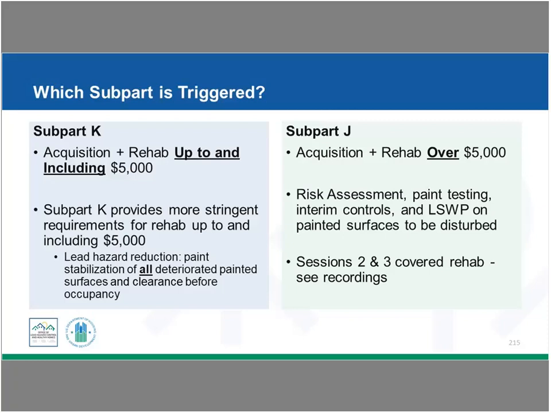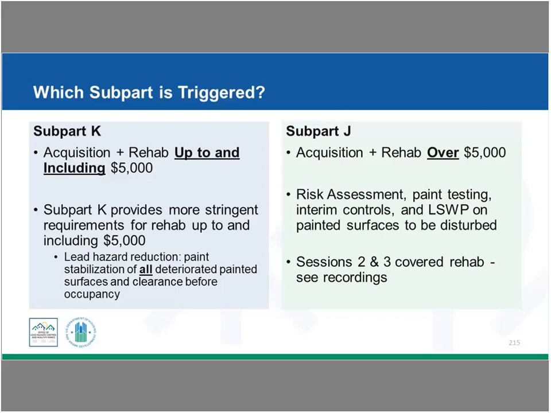And so it's important to know what the requirement is, which subpart you're falling under, and then what the specific requirements are so that you're going to ensure that you're in compliance. We would have a lot of home buyer programs that are going to fall under Subpart K that won't have any rehabilitation as part of their project, but because they're doing acquisition, they will be under Subpart K, and so they will be required to have a visual assessment as part of that project, and then to do paint stabilization on all deteriorated painted surfaces before occupancy.